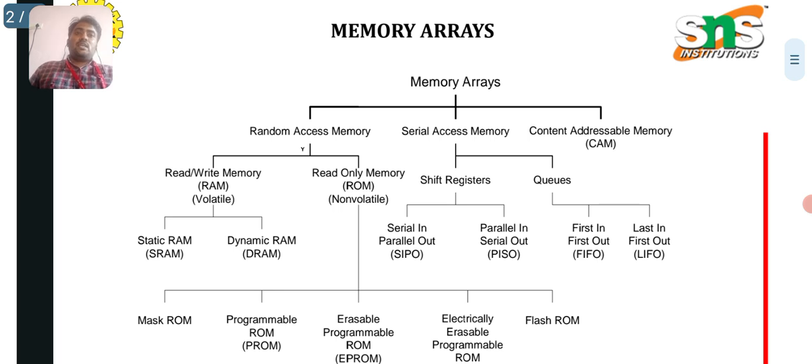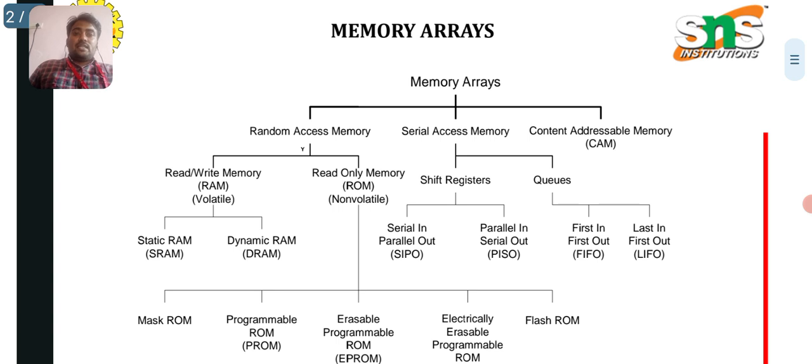Let me see memory arrays. Memory arrays are classified into three categories: random access memory, serial access memory, and content addressable memory, that is CAM. Random access memory is further classified into RAM and ROM, and serial access memory is further classified into shift registers and queues.